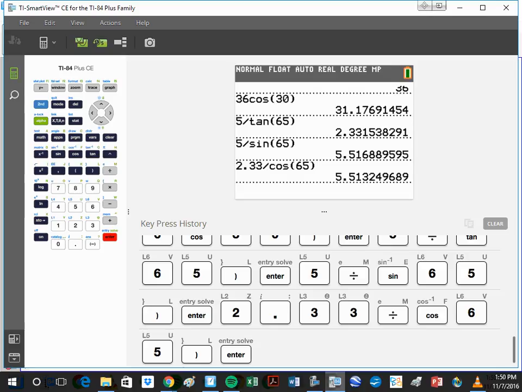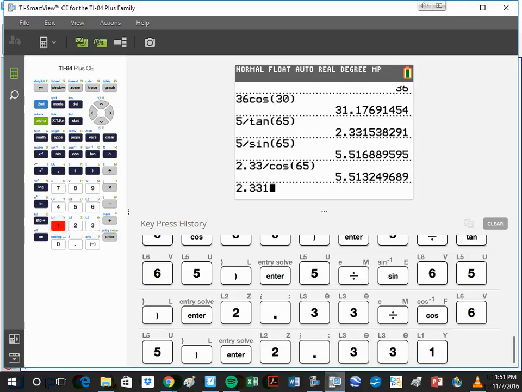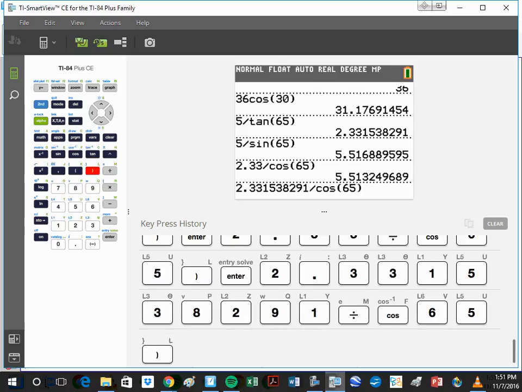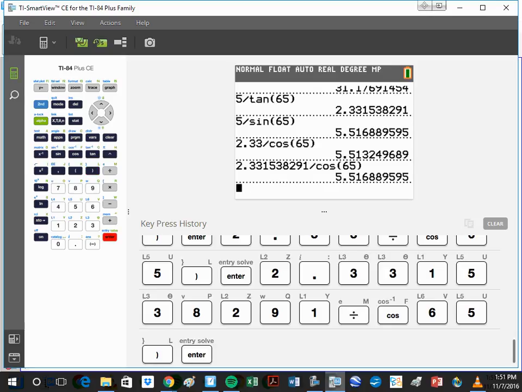In order for that second one to be totally correct, I have to type in this entire decimal up here, the 2.331538, all of that stuff. So 2.331538291 divided by the cosine of 65. That should be exactly the same as the sine problem. And now you can see that those two are the same.